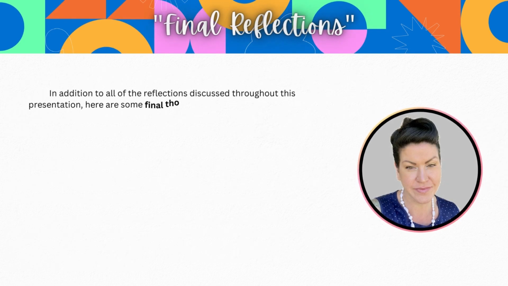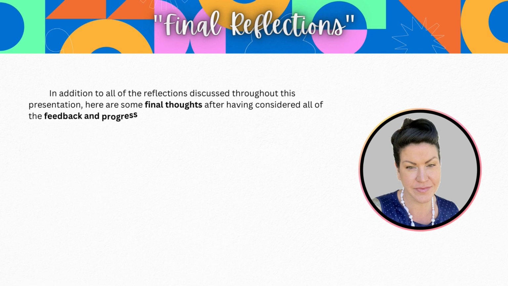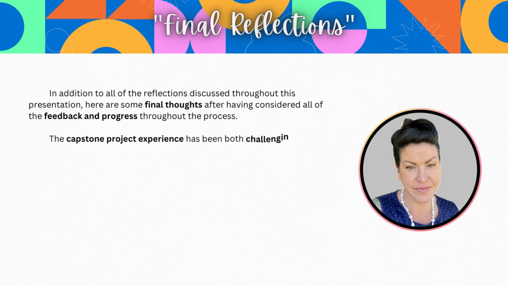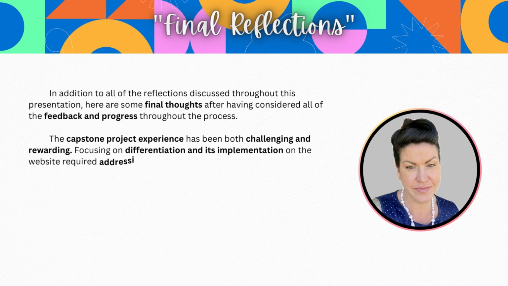Final reflections. In addition to the reflections discussed throughout this presentation, here are some final thoughts after having considered all of the feedback and progress throughout this process. The Capstone project experience has been both challenging and rewarding. Focusing on differentiation and its implementation on the website required addressing complex issues.